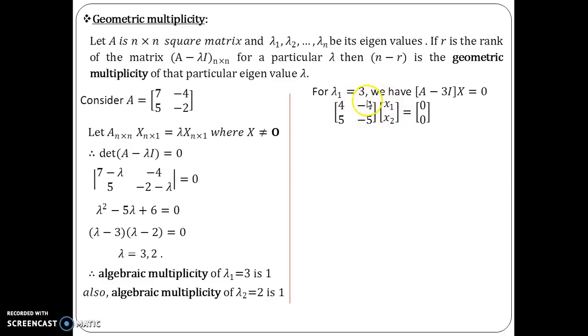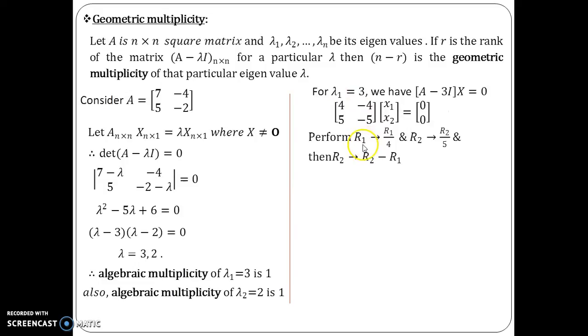You want to now find the rank of this matrix A minus 3I. So the rank of A minus 3I can be found using the row echelon method. You reduce this matrix to row echelon form using the following row transformations.